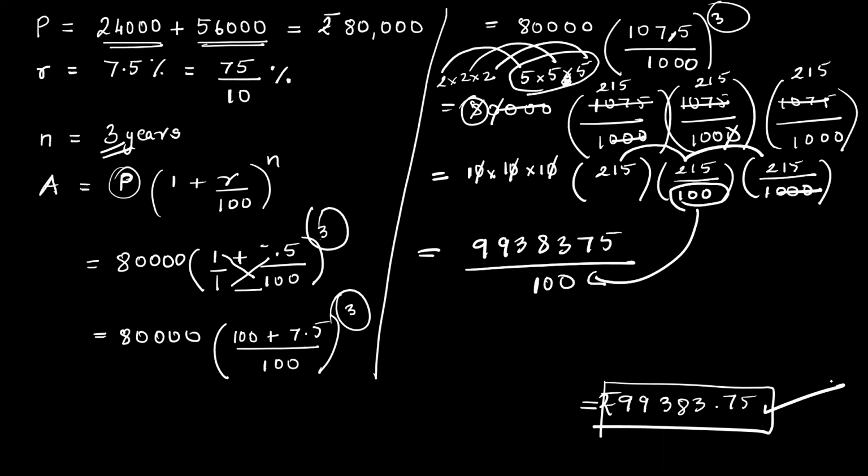So here the final statement will be, if you notice, they are asking what will be the total amount after 3 years. Okay, so you can say the total amount after 3 years will be rupees 99,383.75.